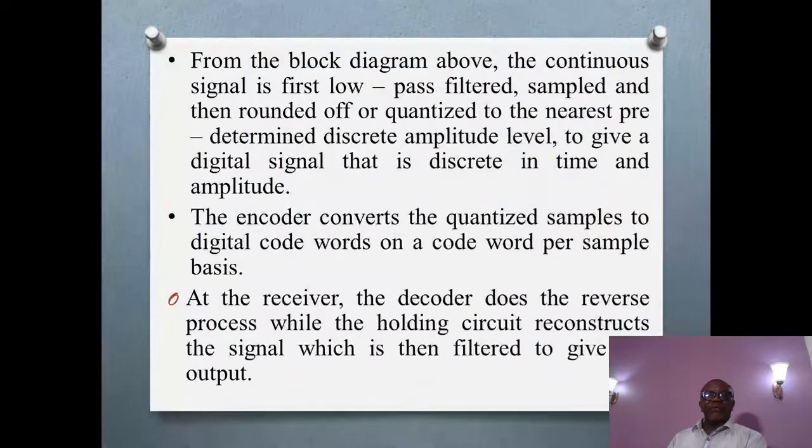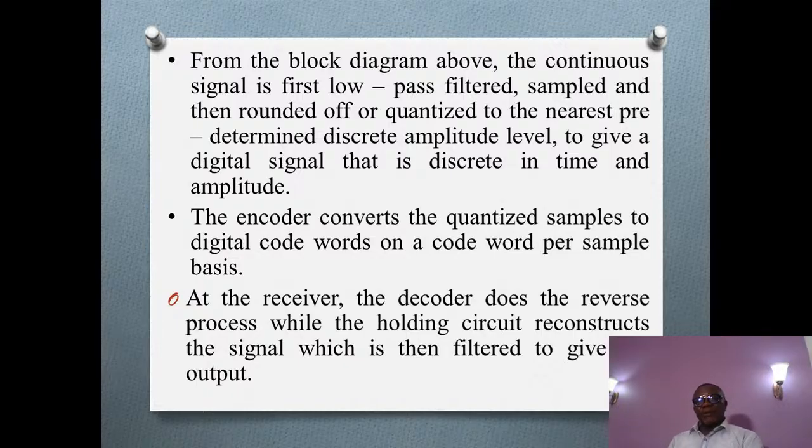So we go on to explain the block very well. From the block diagram above, the continuous signal is first low pass filtered, sampled, and then rounded off or quantized to the nearest predetermined discrete amplitude level to give a digital signal that is discrete in time and amplitude.